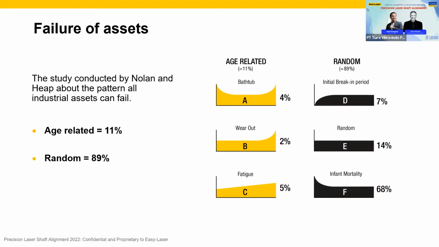And this refers a little bit to the maintenance strategy that you may apply. If you do that based on certain schedules, so-called scheduled maintenance, it is all based on some expectation that the machine will fail in a certain time interval. To prevent this, you maintain the machine before this interval is due. But this whole thing does not work if we have machines where 89% are just failing randomly.